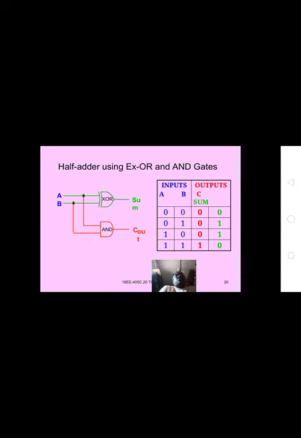In between these two, we are placing the circuit, that is XOR gate linked with AND gate. Here I have given the truth table, where inputs are 2, so very simple: 0 0, 0 1, 1 0, 1 1. Outputs are sum 0 1 1 0 and carry 0 0 0 1.